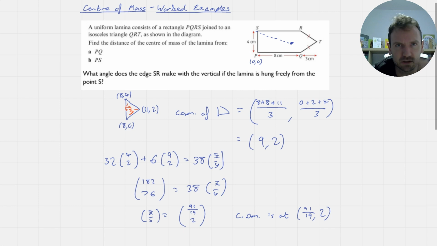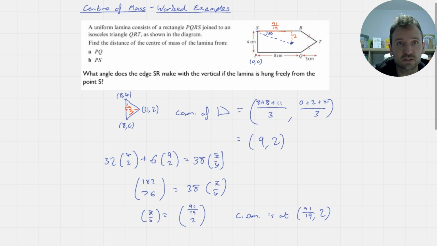And we're being asked the angle the vertical, which is this dashed line I've just drawn in, makes with SR. So we're being asked for this angle here. Now, if we make a nice right-angled triangle here, then we know, because we've just found it out, the coordinates of this. So this distance is going to be 2, because we're going from a y coordinate of 4 to a y coordinate of 2, and the x coordinate is 91 over 19.